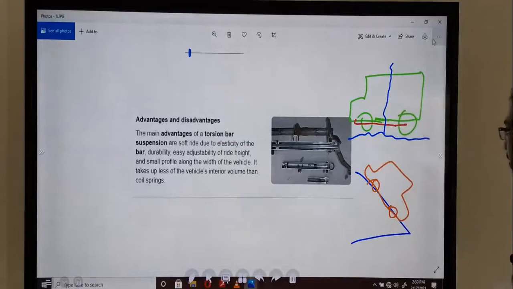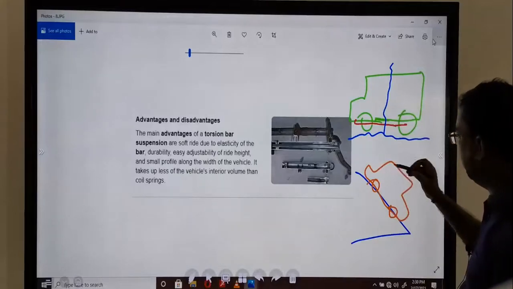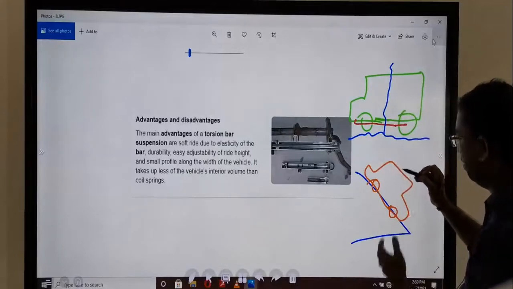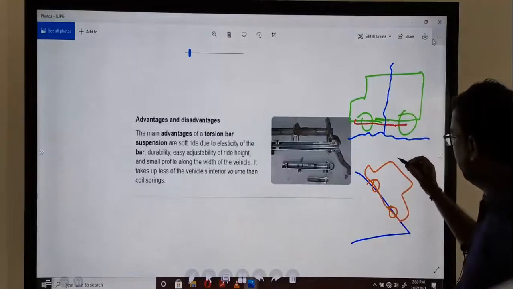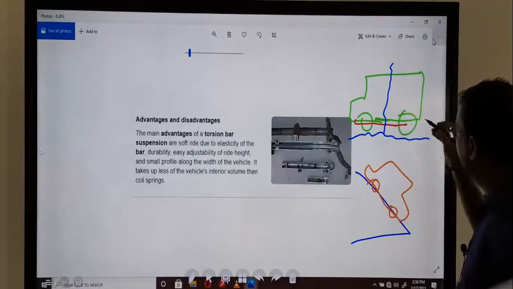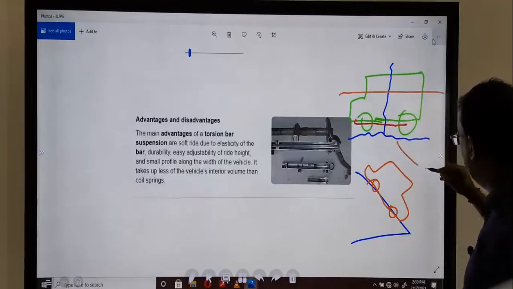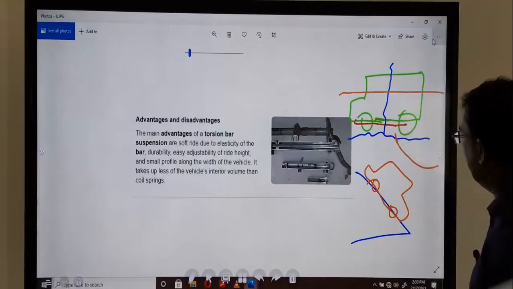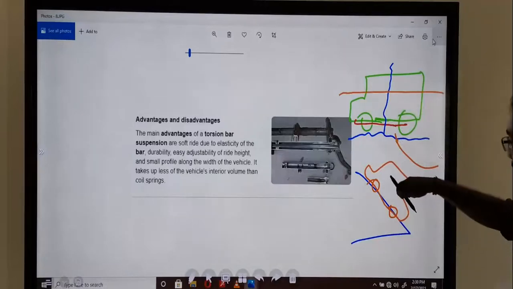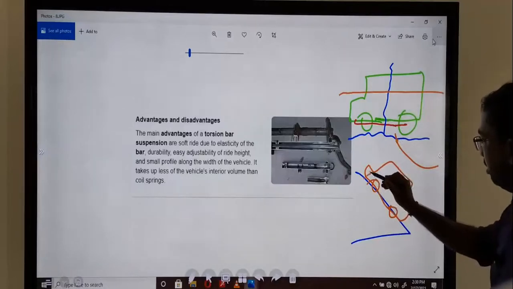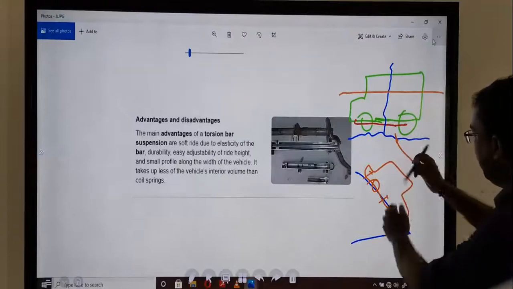What will happen when climbing? The body is not balanced. This time the body is parallel, here it is like this. Because of the height, there is pressure here. It may bend like this.